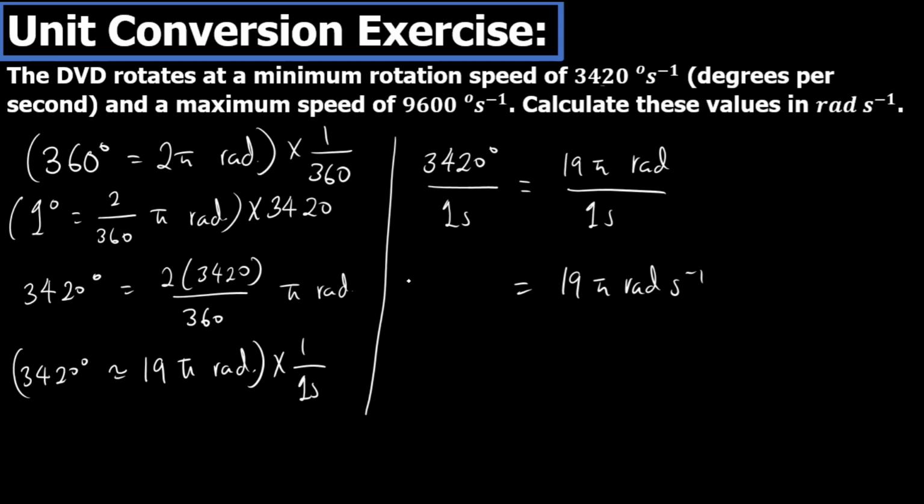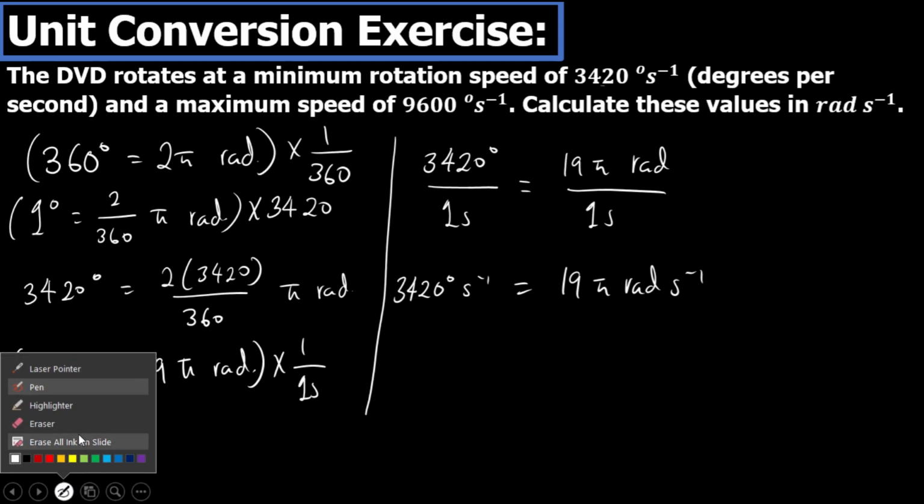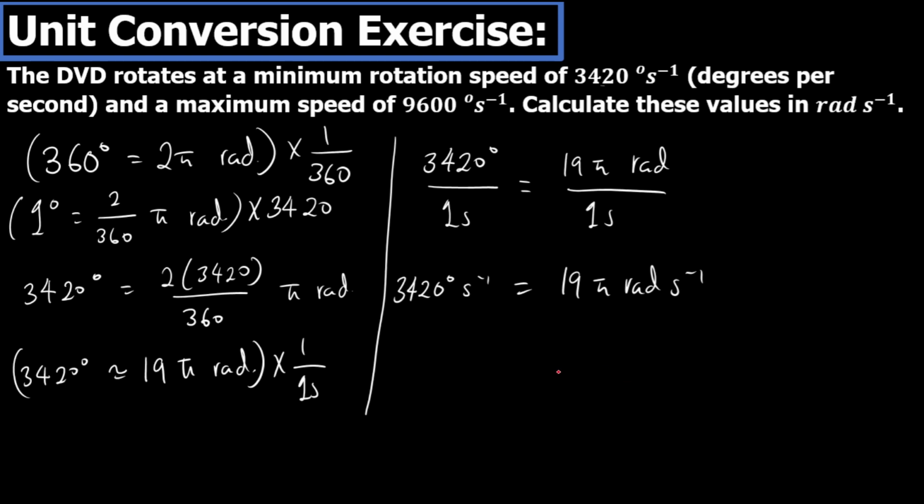So what we have in the end is 3,420 degrees per second is equal to 19 pi radians per second. As an exercise, you can do the 9,600 degrees per second, and that should give you 53.3 pi radians per second.